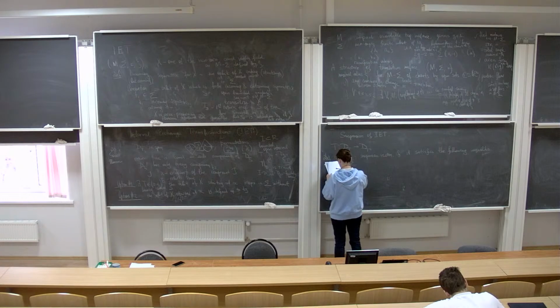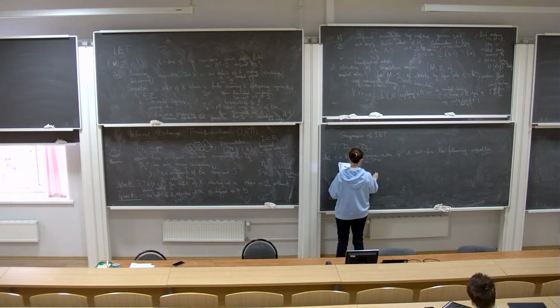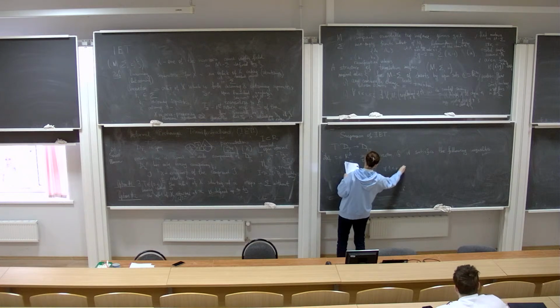I want that the sum, this will be positive, while the sum of this will be negative for all k between 1 and d.